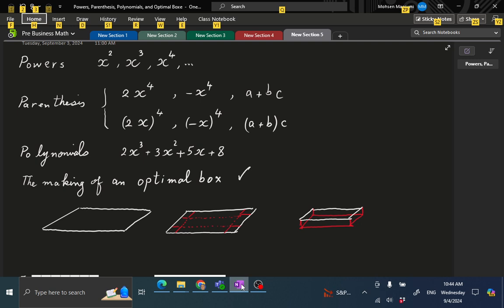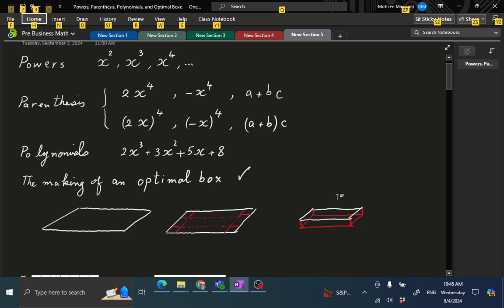Okay, now we want to prepare ourselves for this issue of making an optimal box. We said we can make a very simple box from a sheet of rectangular piece of cardboard. We take some small, identical squares from the corners. We cut them out and fold on the dotted line and make a box.